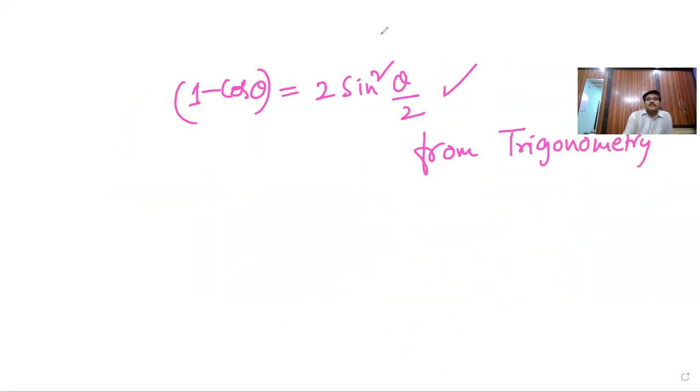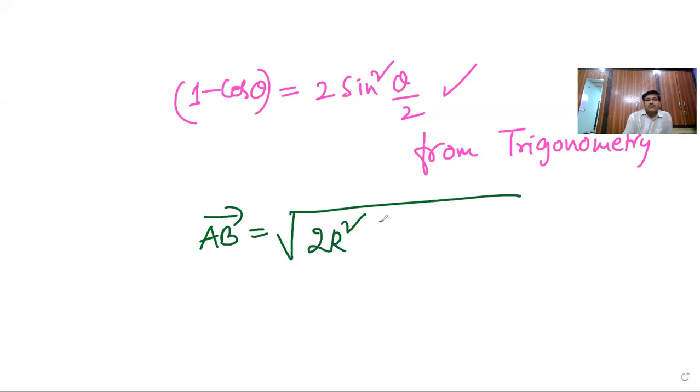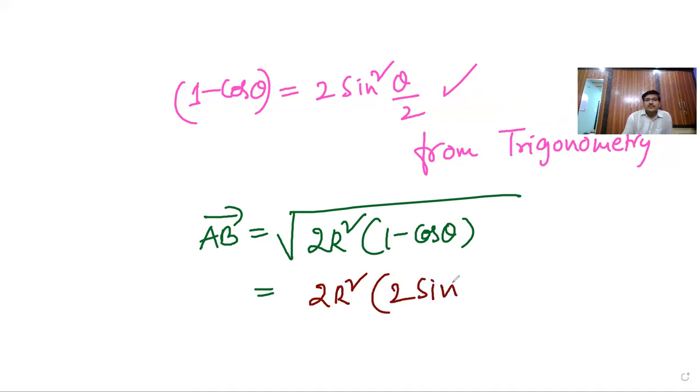Now I replace this in the previous equation for AB bar displacement. So square root of 2r square into 1 minus cos theta was formed. In place of 1 minus cos theta, I write this: 2r square into 2 sine square theta by 2, under the square root.